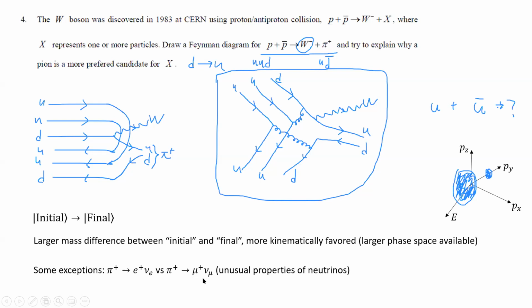But the experimental fact is that the muon channel is much more preferred than the electrons. And this is due to some unusual properties of neutrinos that you will also learn in the later course. So I don't explain much more detail here, but you have to remember there's an exception to this principle.